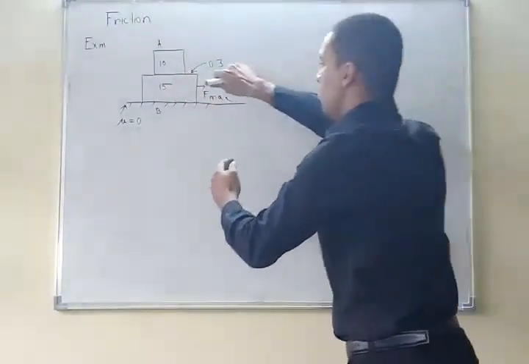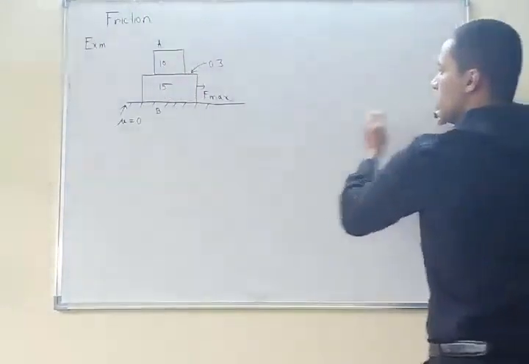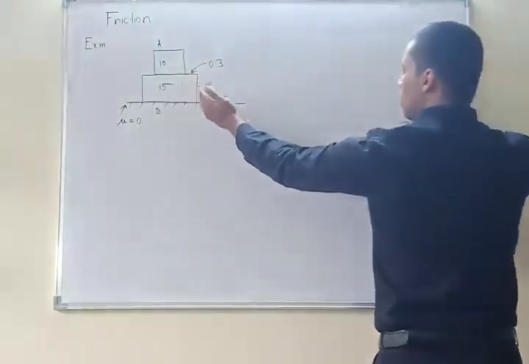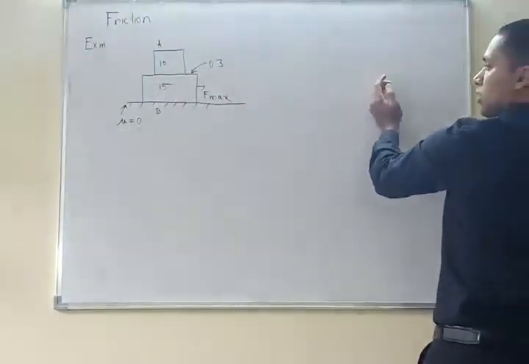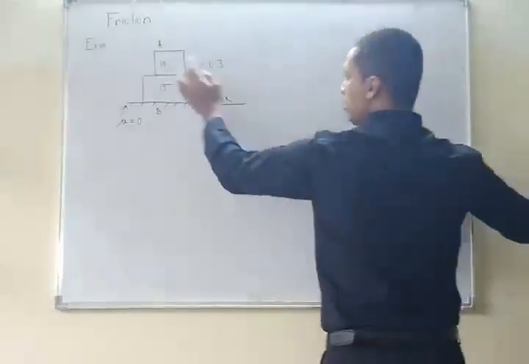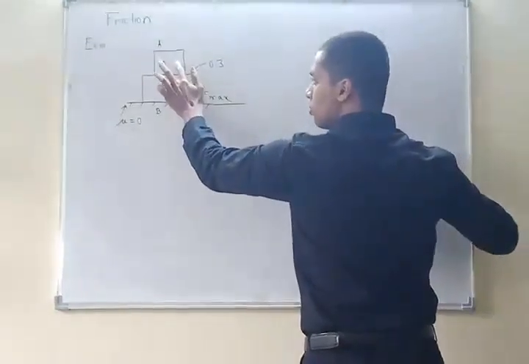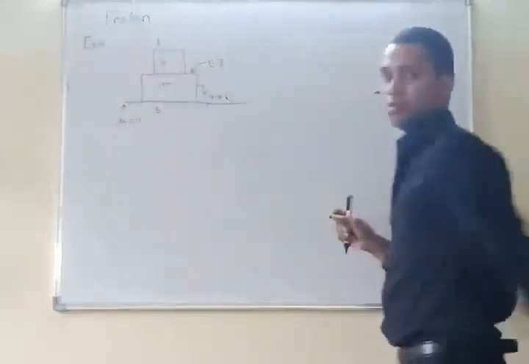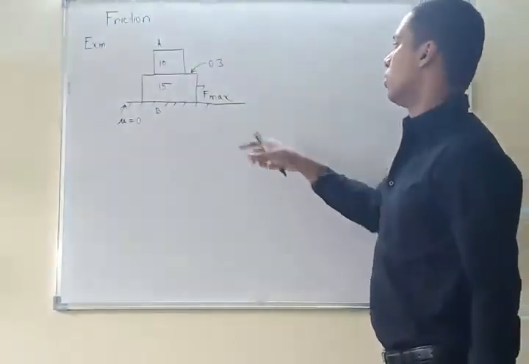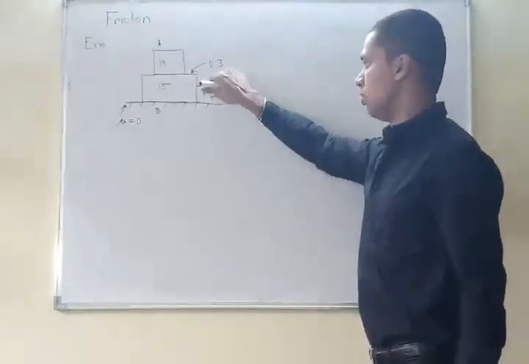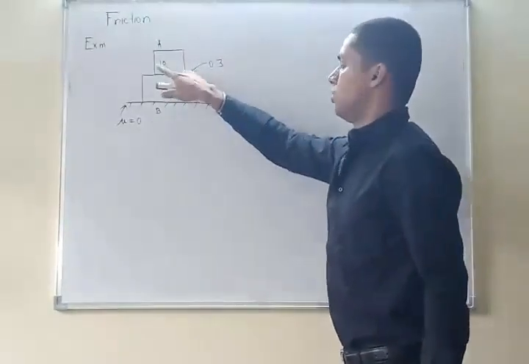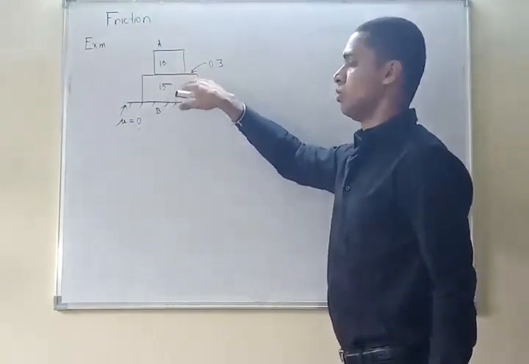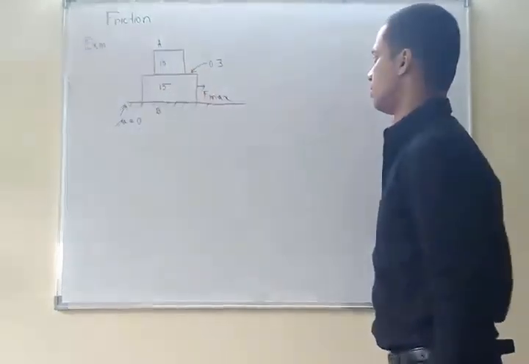But if I pull it with a very high force, then this block will move with a very high acceleration. This block will not move with such acceleration, so it will fall from the block. But we want the maximum value of force for which this block will not fall, and these two blocks will be moving together.